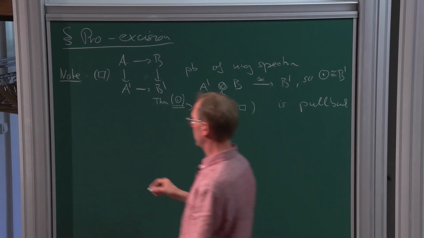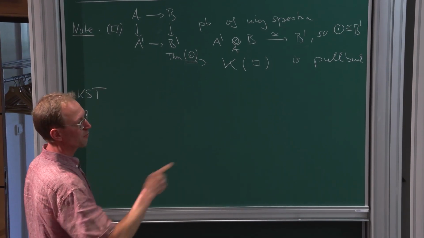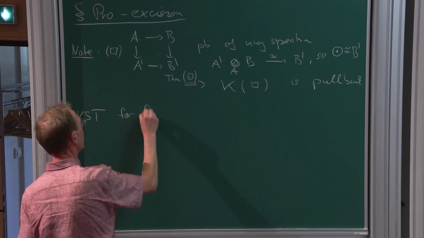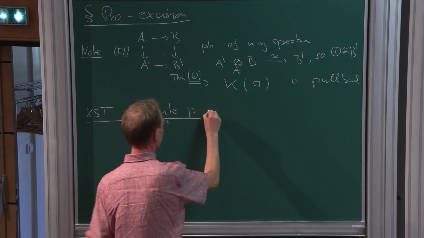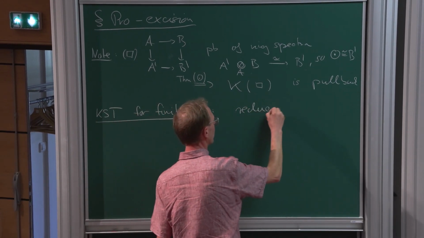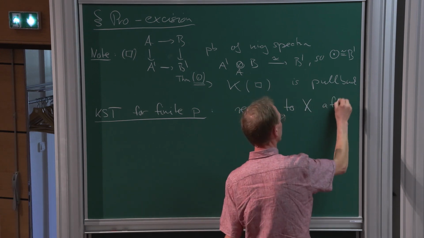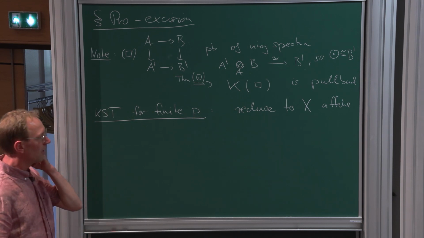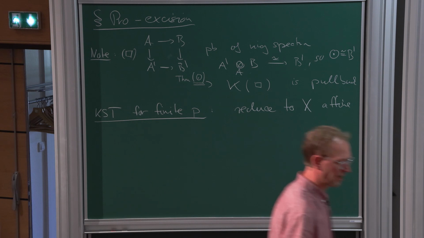So now the proof of both KST theorems in the case of finite P. You reduce to X affine. That's easy. Then everything is affine, and now I need some names.